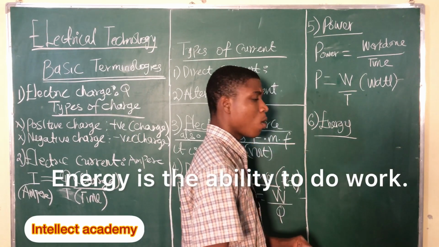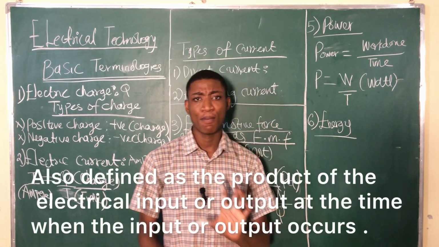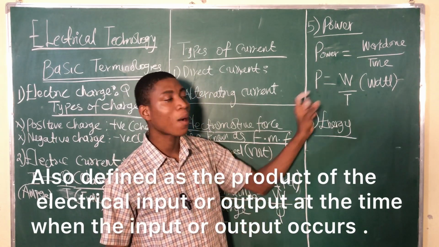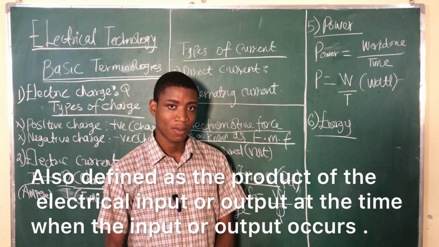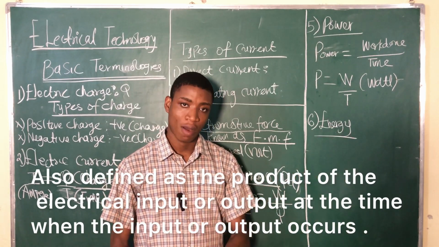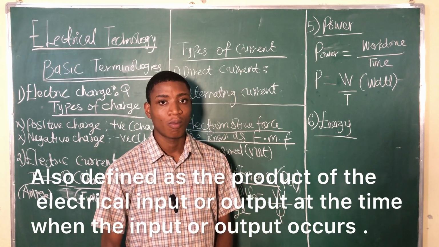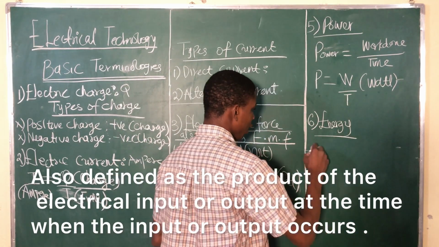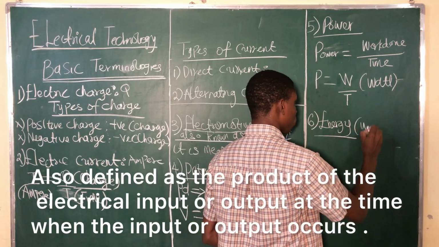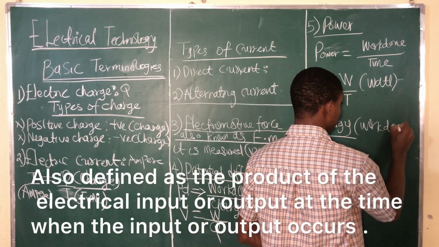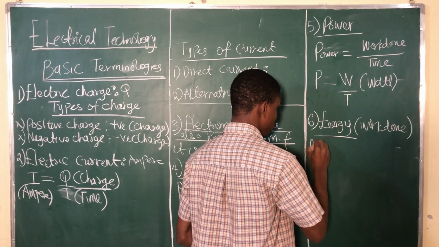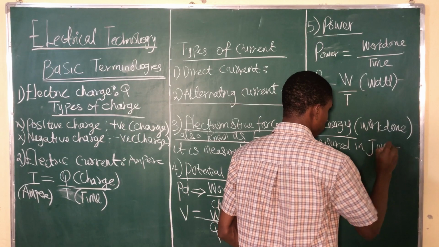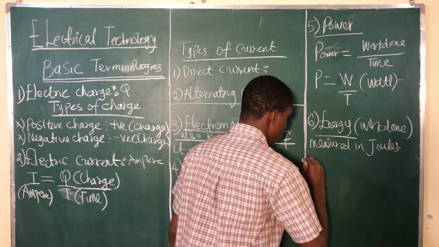It is also known as the electrical input, which is the product of the electrical power and the time of the work. Energy is something like work done, and it is measured in joules.